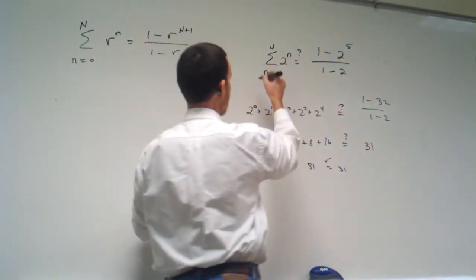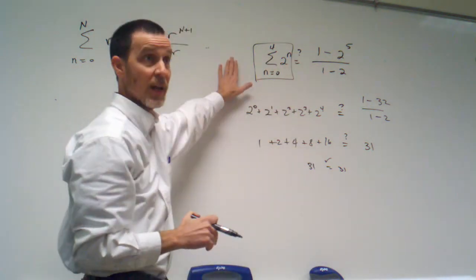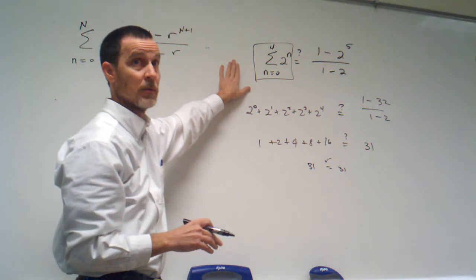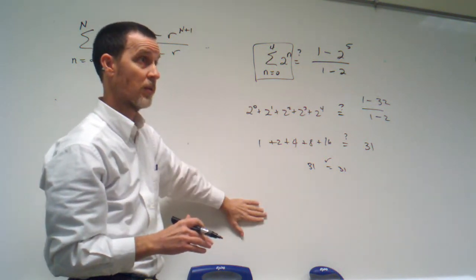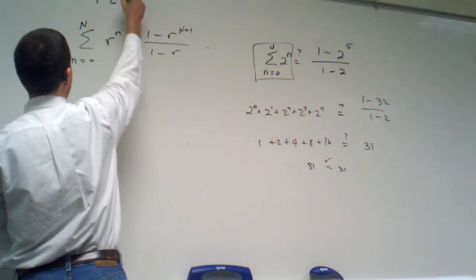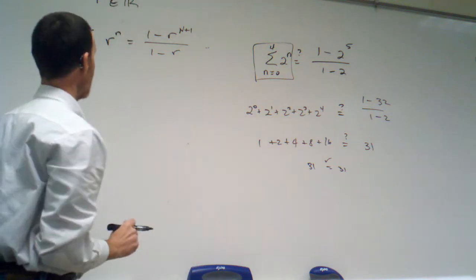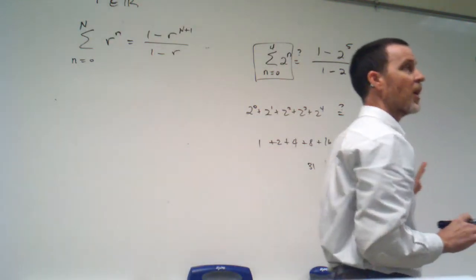What if I change this problem? We good on how to apply the formula? Any questions on what I did here? So this is generic. Let R be some real number. Pick any real number. I don't care what number. I use 2 here and 3 here. Doesn't matter what number you plug in.